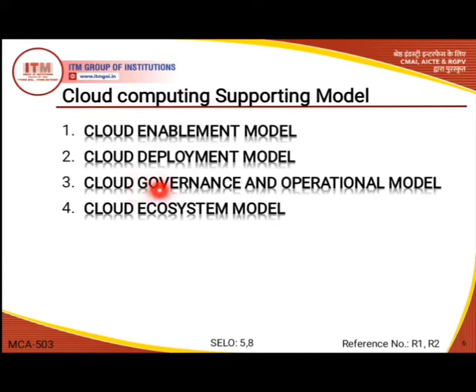Next, the cloud governance model is basically concerned with governance, culture and behavior, and it also relates security and privacy and management and monitoring with operations and support to the cloud reference model.